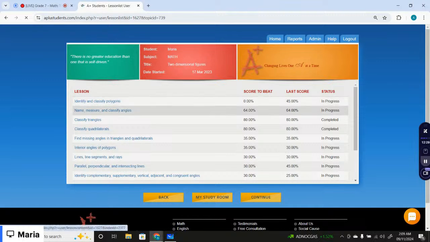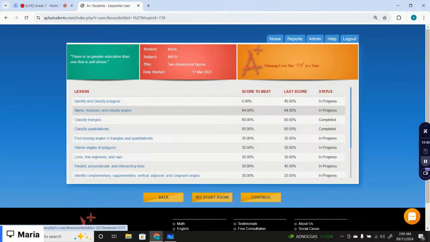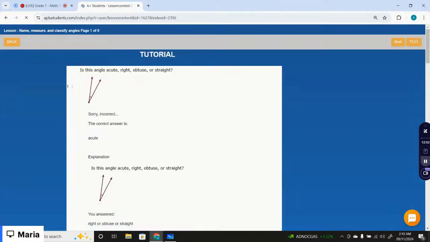The next lesson is name, measure, and classify angles.